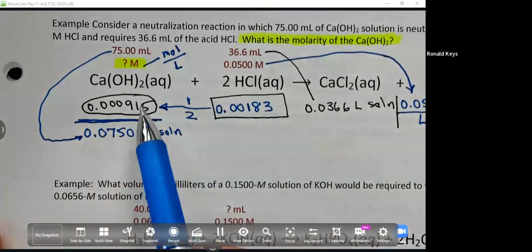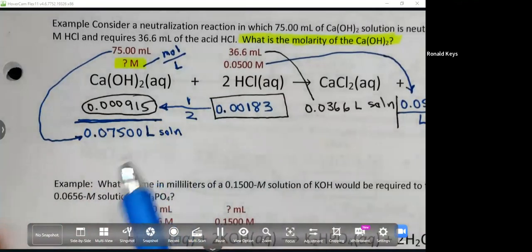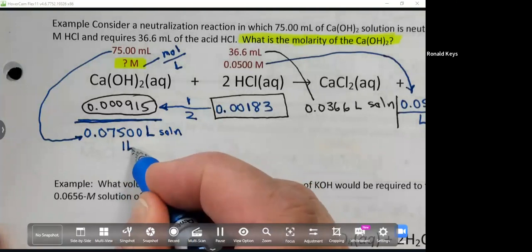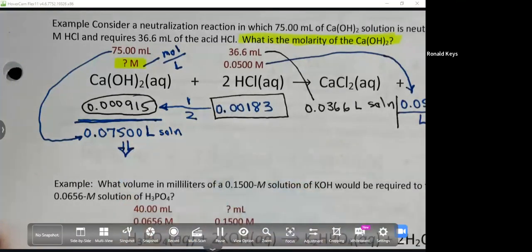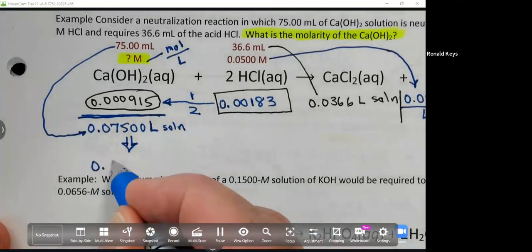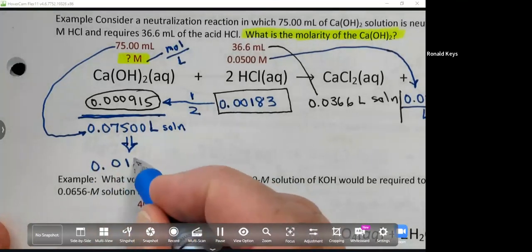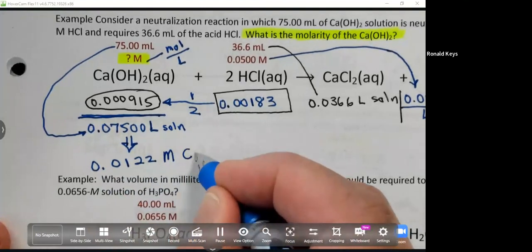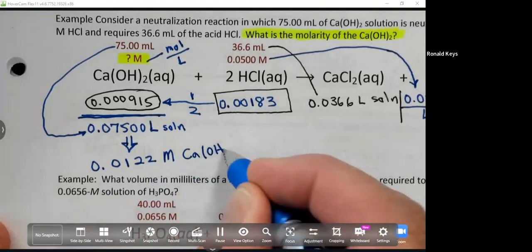And right there, I have moles over liters, which is molarity. This comes out to be 0.0122 molarity calcium hydroxide.